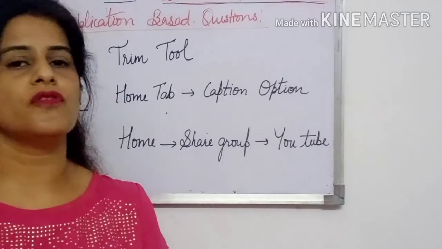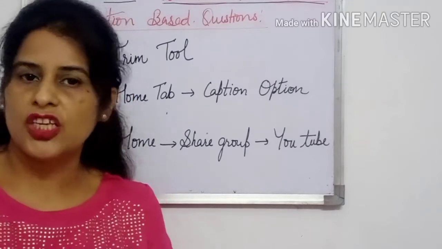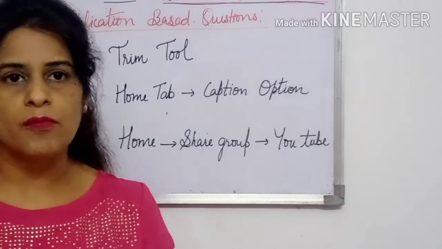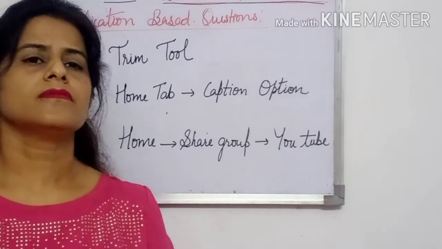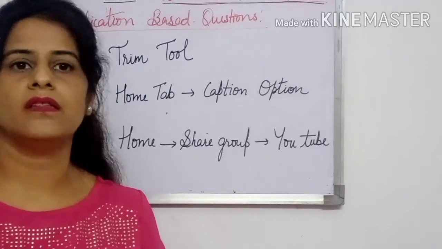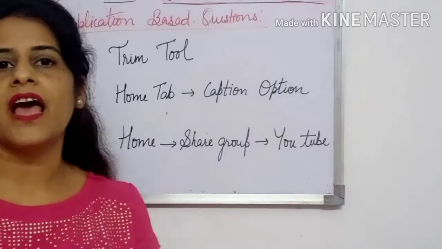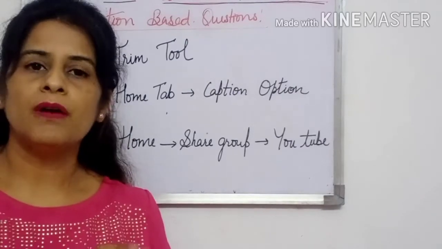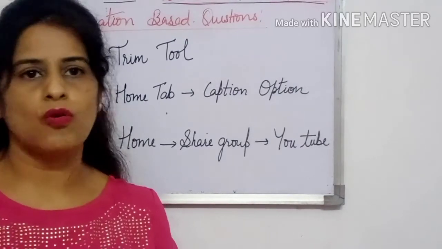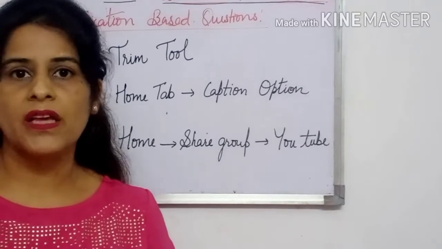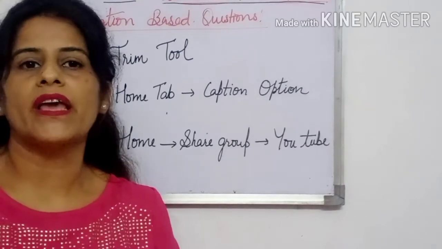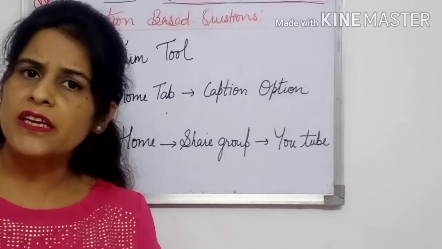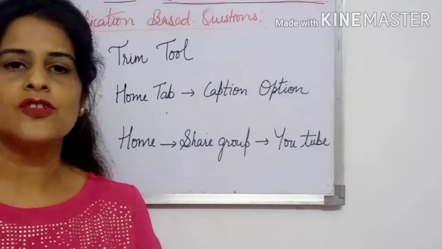Still, if you are facing any problem or issue, you can contact me on my WhatsApp group. One or two students sent me the movie they made in Windows Movie Maker on WhatsApp, but the link they shared was not opening, and it was very difficult for me to see that movie. If it is made correctly, then best of luck for that.